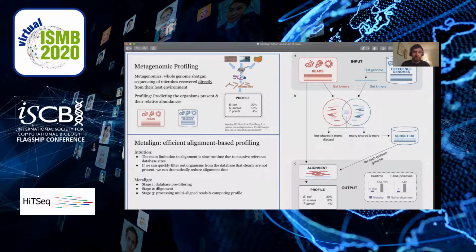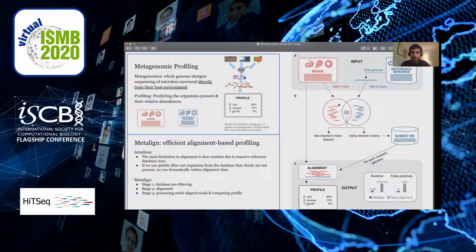We do this pre-filtering, then alignment, and then we deal with multi-aligned reads, which are reads aligned to multiple genomes, and compute the output profile. The pre-filtering stage, really the key step, is called containment min-hash, as mentioned in the title, or CMash for short. It estimates the containment index, which is basically the percent of k-mers in the genome that are thought to be in the reads.